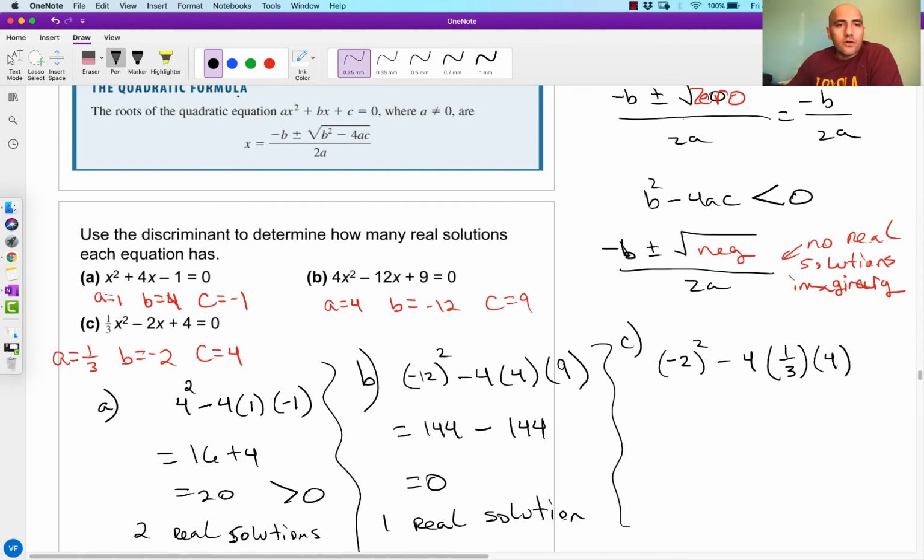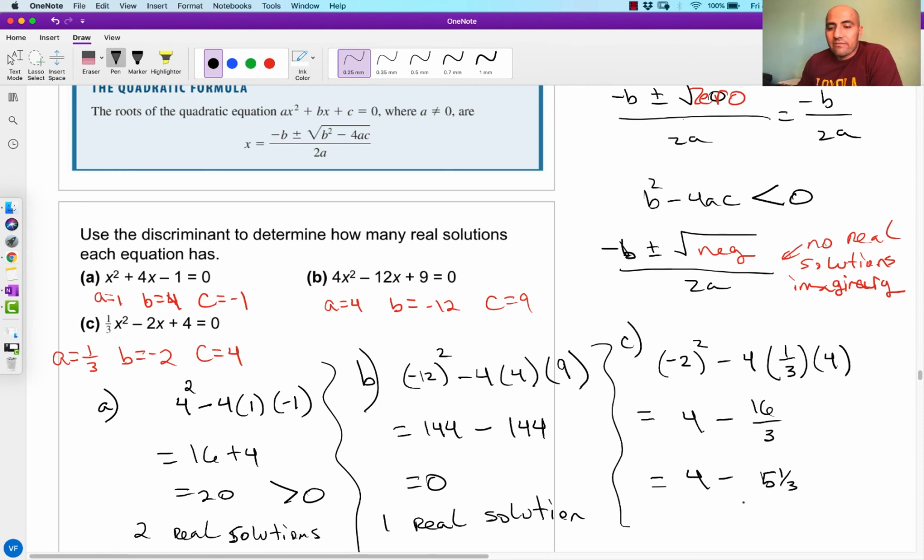Okay, so this is going to be equal to positive 4 minus 4 times 4 is 16/3. 16/3, and as a mixed number, that's 5 and 1/3.